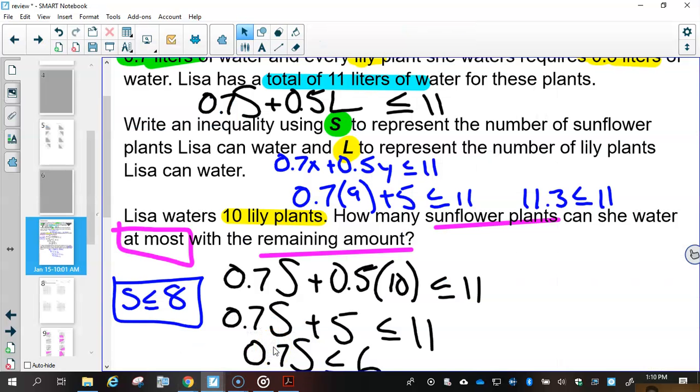So for the rest of class, this is what you are going to be working on. The packet and the single sheet that I just gave you. If you finish that, you can work on Khan Academy, because that is extra practice, or there are systems of inequality practices around the room, the different colored papers.